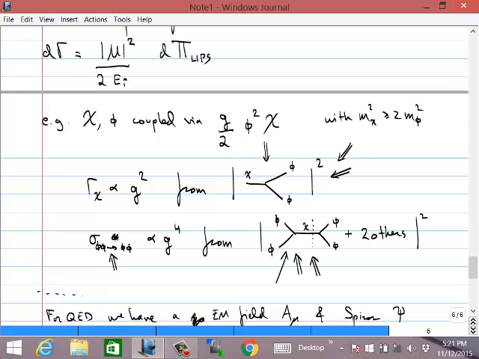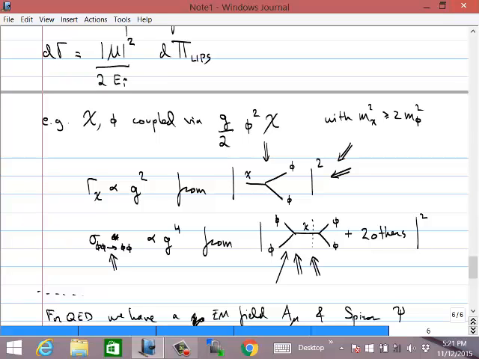Maybe what you're getting at is that it's very easy for a chi particle to decay into phi particles if it's very heavy. A chi particle is unstable. Because the chi particle is unstable, you can't really talk about a chi particle as a final state in the theory.